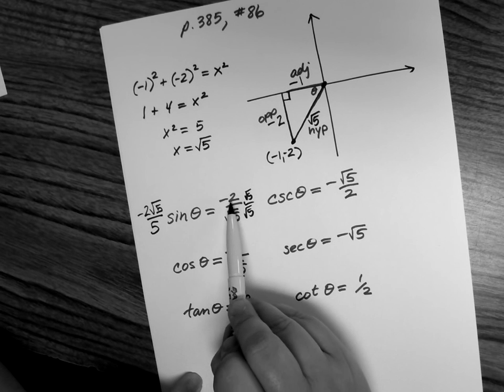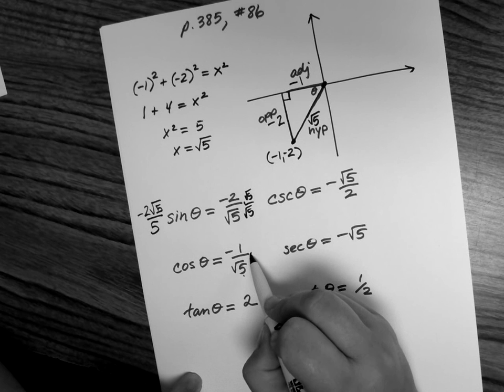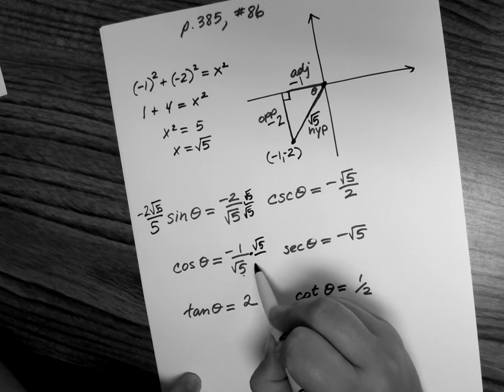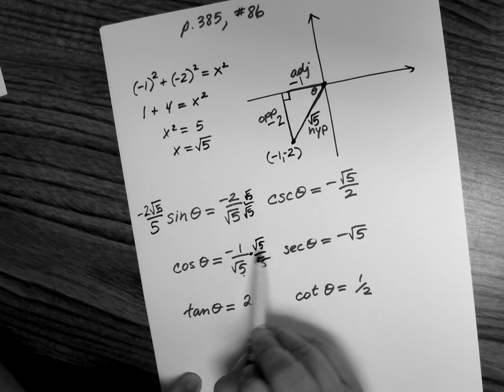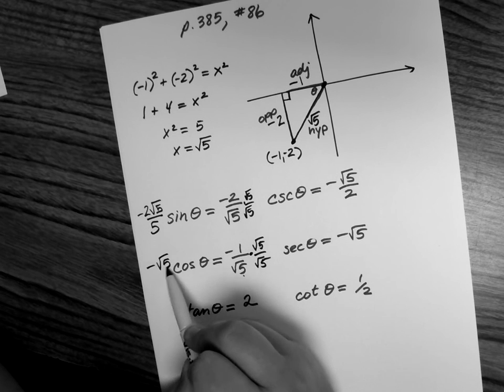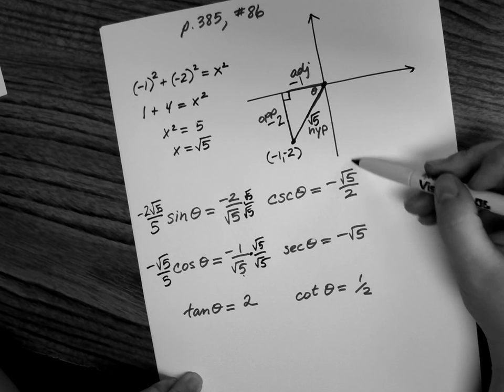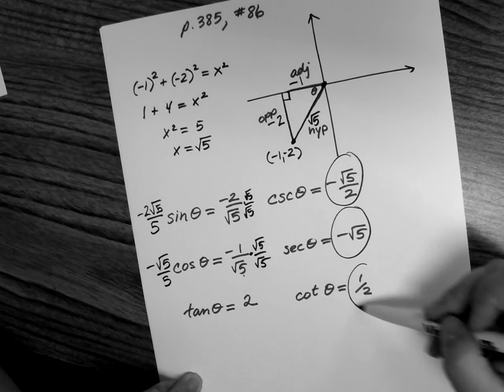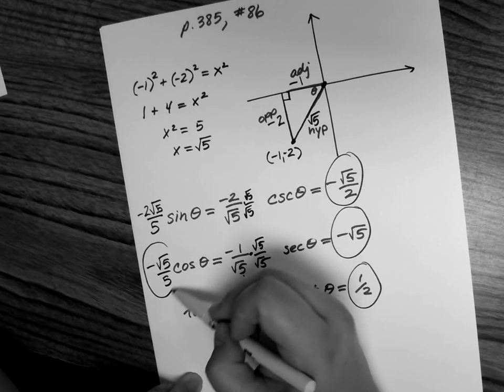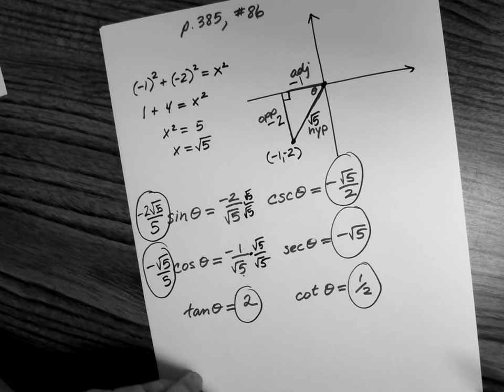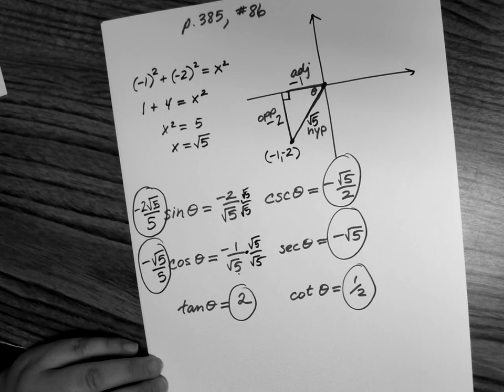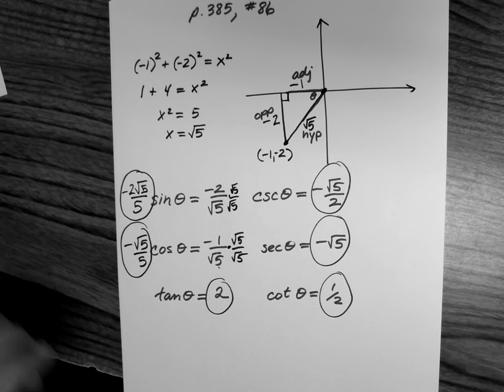On the top, -2 times square root of 5. Same thing here. On the top, -1 times square root of 5, and on the bottom is just 5. So here are my answers. Make sure you understand which ones are the answers for the sine and the cosine. I do have to rationalize those denominators. I just wanted to go ahead and figure out the reciprocals before I did so.